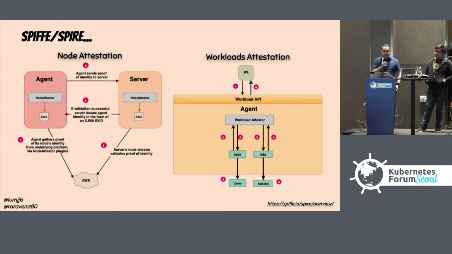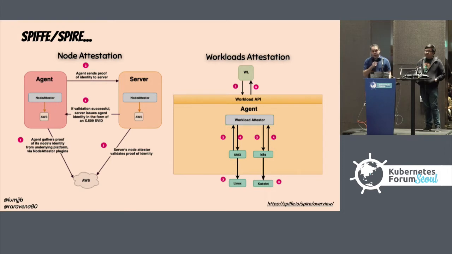Another tool is SPIFFE/SPIRE. SPIFFE is the standard, and SPIRE is the implementation of that. It basically allows you to do either workload attestation or node attestation. In the case of workload attestation, it queries the kubelet and gets information about that workload. It also queries the workload itself and tries to verify that those match.